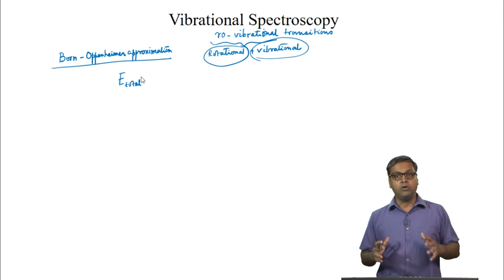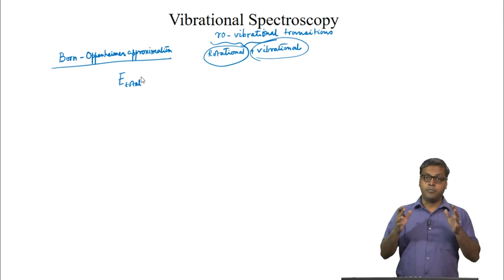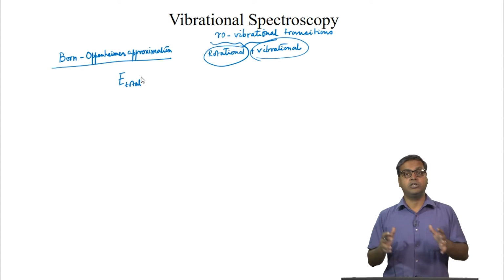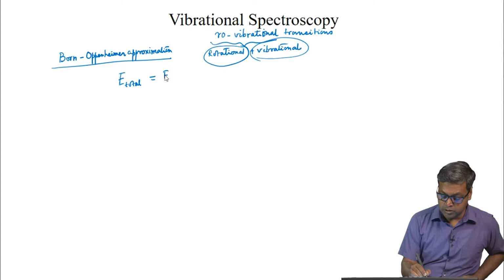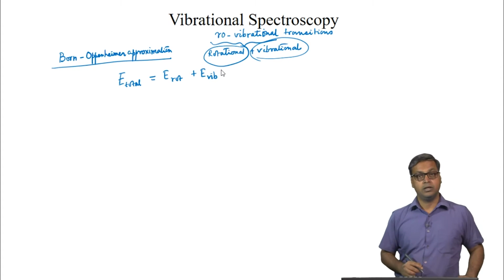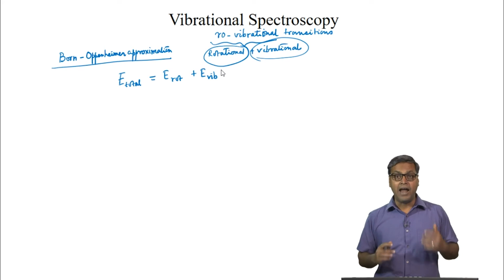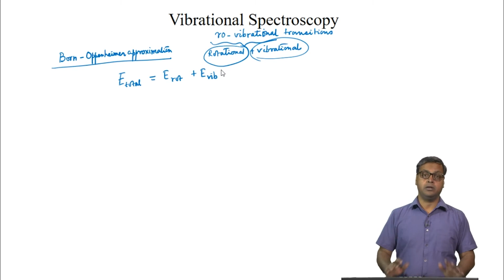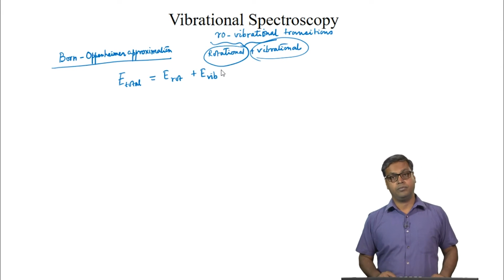This total ro-vibrational energy is the sum of the vibrational energy and the rotational energy. So, we can write E total equals E rotation plus E vibration. So, let us now consider vibration and rotation to be independent. We will also ignore the centrifugal distortion for now.